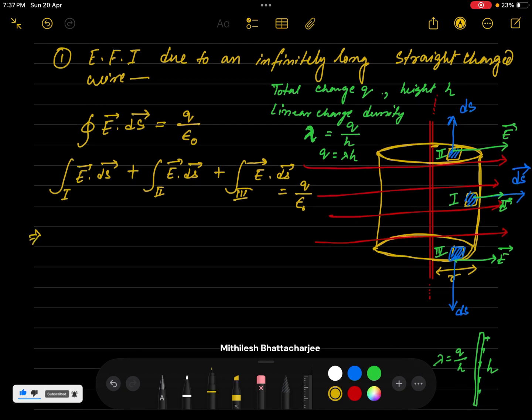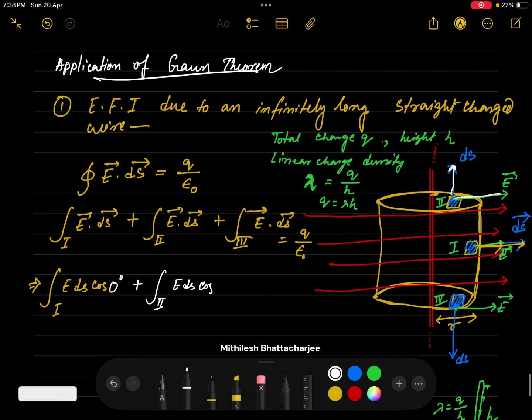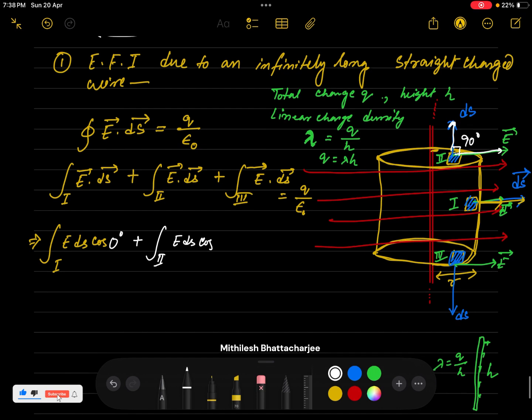Now just put the integration of E ds cos theta. For the first small surface, ds is this side and E is also this side, so cos 0 degree. Plus for the second surface, ds is this side and E is this side, so this is 90 degree, E ds cos 90 degree.